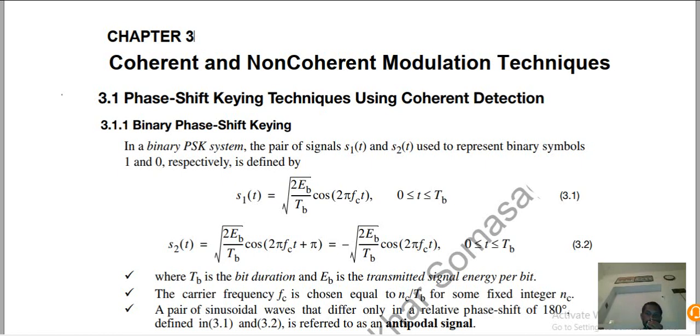By comparing equations 3.1 and 3.2, we can represent S2 of t as minus S1 of t.